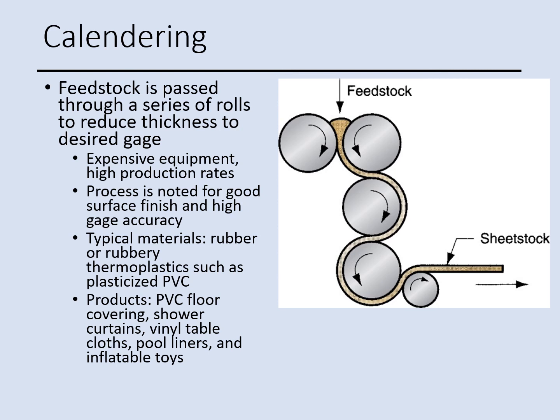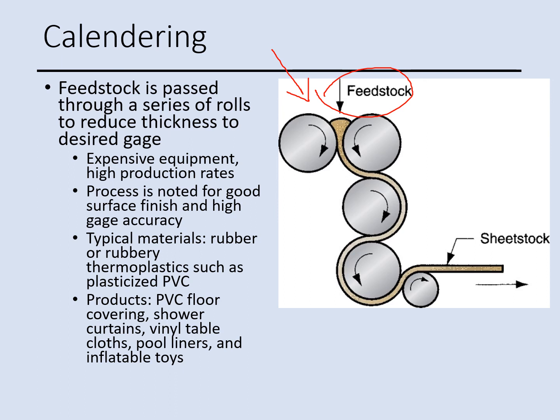The next process is called calendering, which is shown in this schematic. We have a feedstock that is coming from the mixer, and it's passed through a series of rolls to reduce the thickness of that feedstock to a desired gauge.